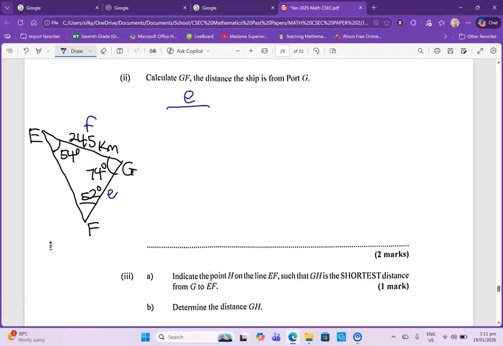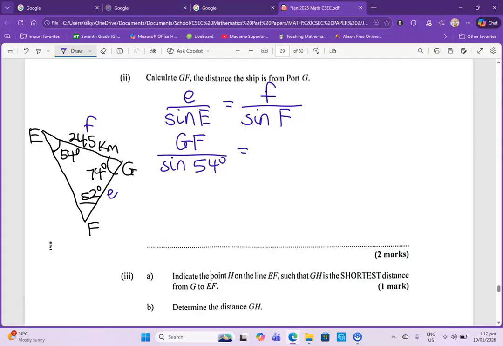So I would have e over sine of angle E is equal to f over sine of angle F. So let's substitute. Small e, which is our unknown, GF, over sine of angle E, which is 54 degrees, is equal to small f, which is 245, over sine of angle F, which is 52 degrees.